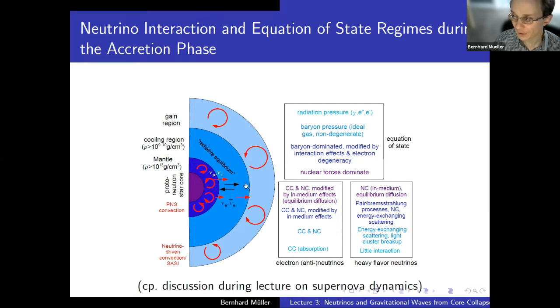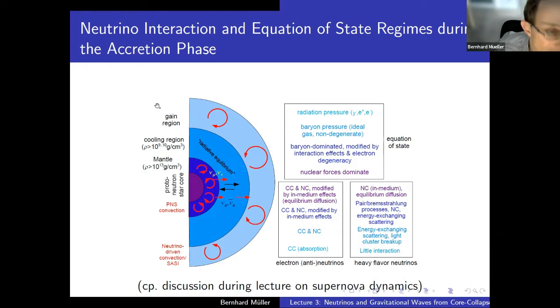And there are no direct interactions that you need to take into account with the neutrinos. There is theoretically one process where photons can play a role in certain phases of stellar evolution and proto-neutron star evolution, which is the plasmon process for neutrino production, but that's not really of relevance here.